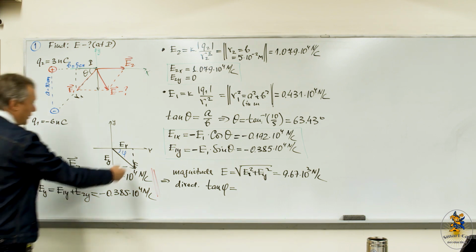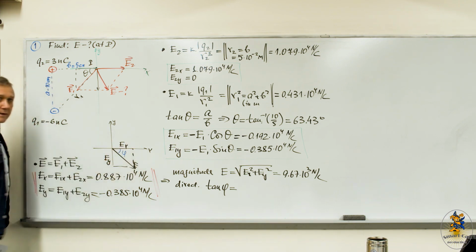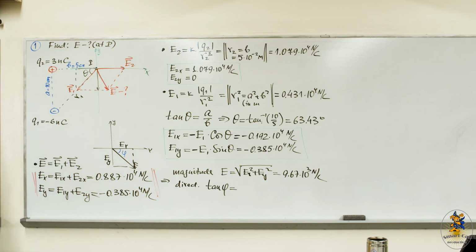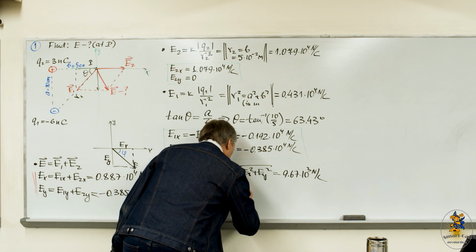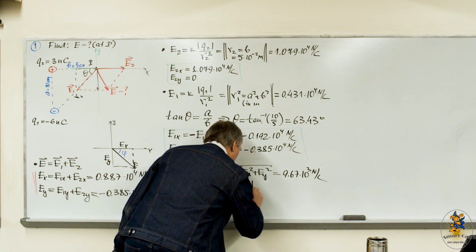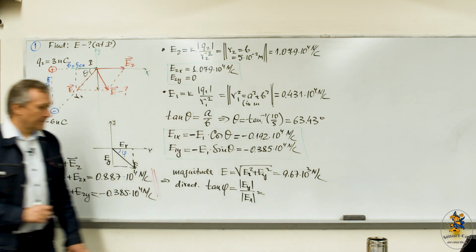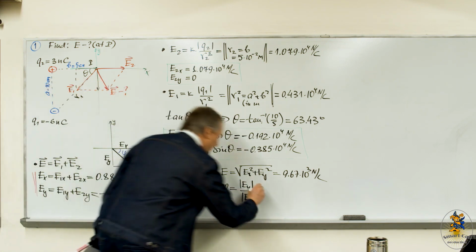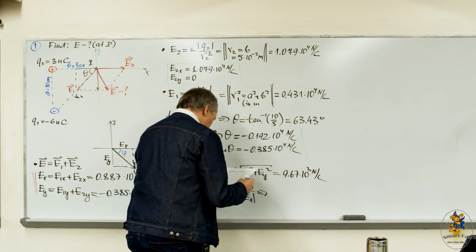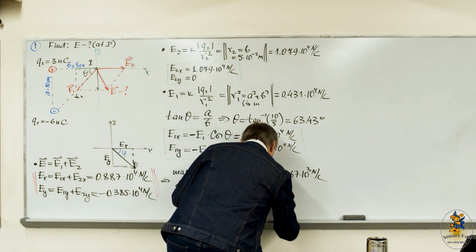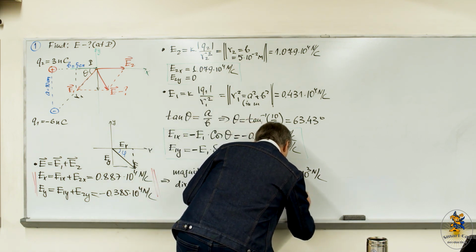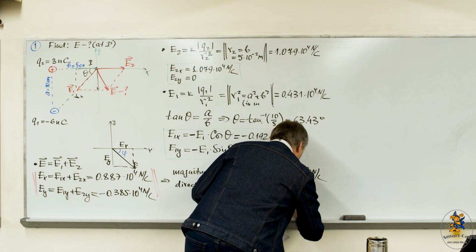And in this case, use only absolute values. Just looking at the triangle, you need to know this length and that length in order to find that. Don't use minuses or pluses. So absolute value of opposite versus absolute value of the adjacent side. If you do it, you will get 23.46 degrees.